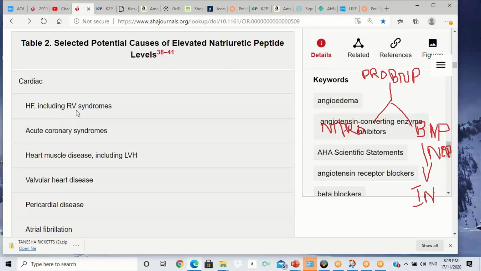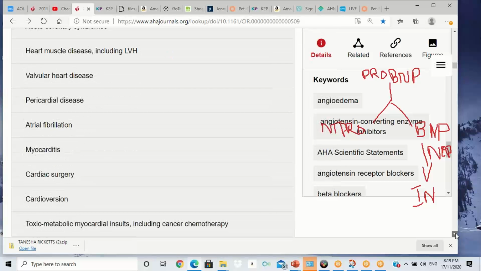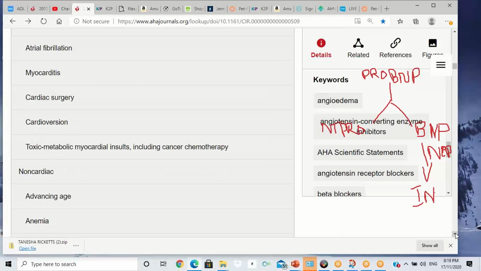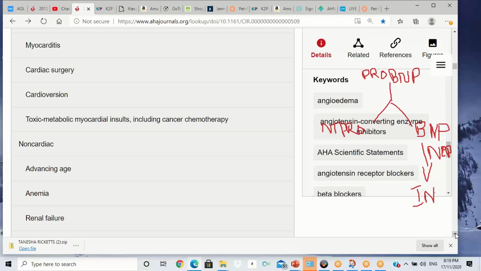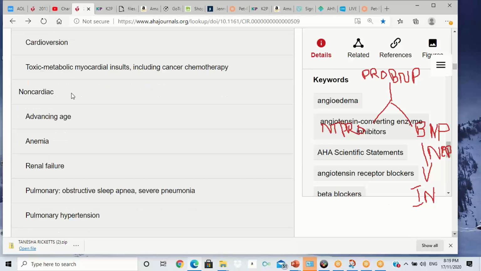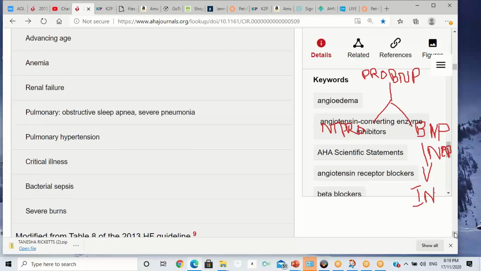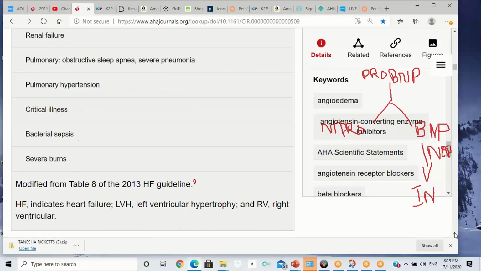There are other things that can elevate your natriuretic peptide level. We mentioned heart failure, RV syndromes, acute coronary syndrome, heart muscle disease, LVH, valvular heart disease, pericardial disease, atrial fibrillation, myocarditis, cardiac surgery, cardioversion, toxic metabolic myocardial insults, cancer, medicine that causes myocardial insult, and there are non-cardiac causes, such as advanced age, anemia, renal failure, pulmonary disease, obstructive sleep apnea, severe pneumonia, pulmonary hypertension, critical illness, bacterial sepsis, and severe burns.